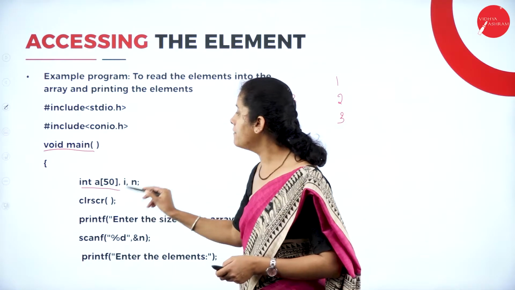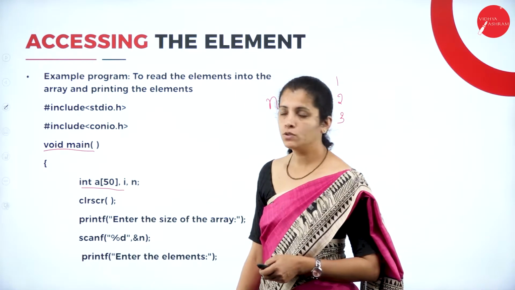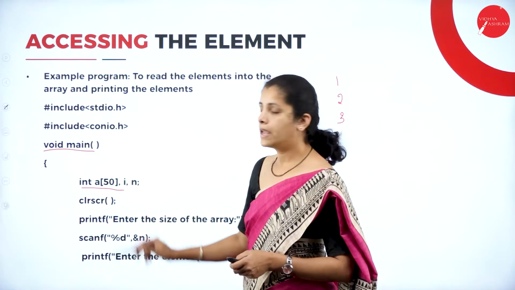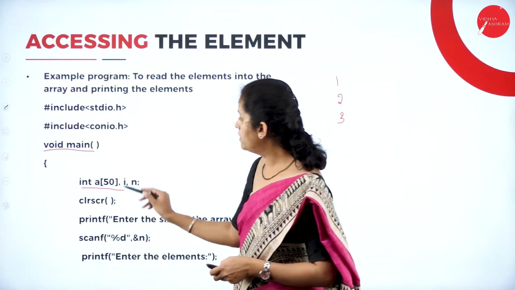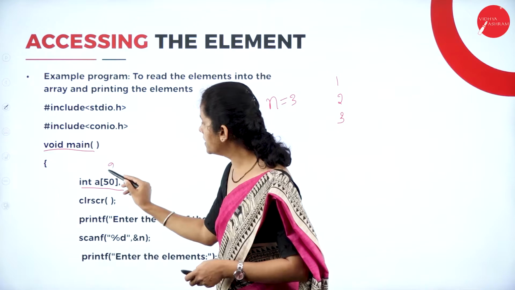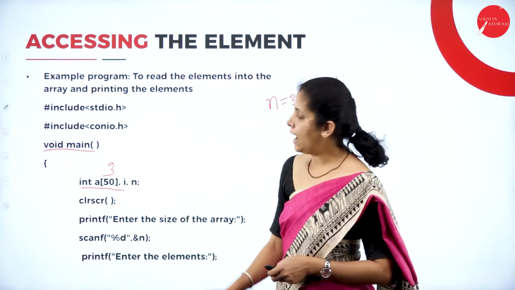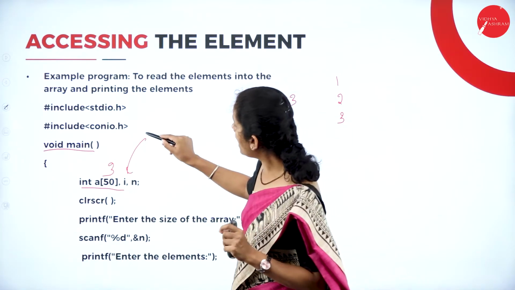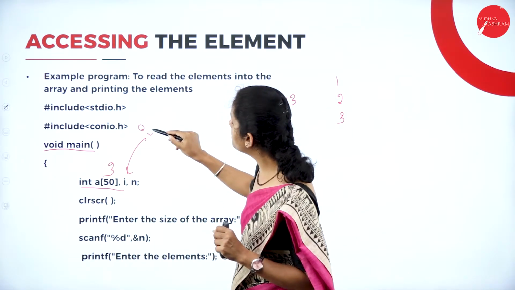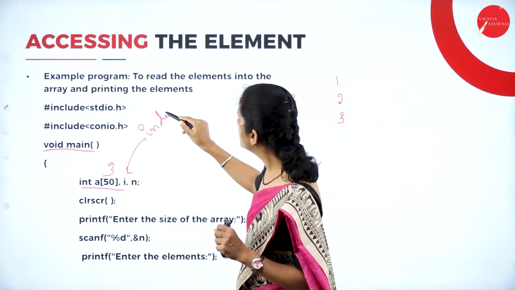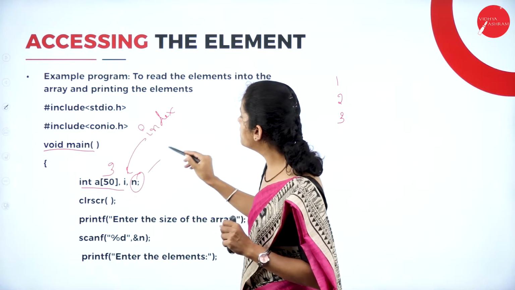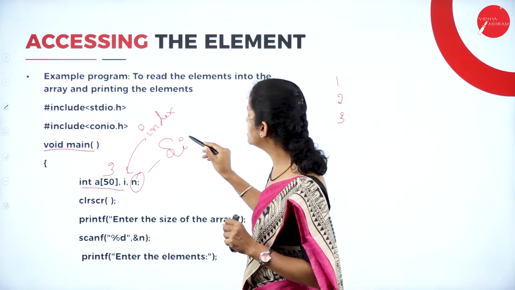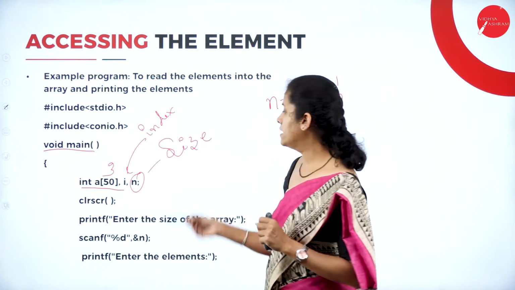Here I have array size. So, instead of taking a of 50, I'll make it 3. So, a of 3 and I is nothing but index. So, I is always going to represent index and n is nothing but my size.